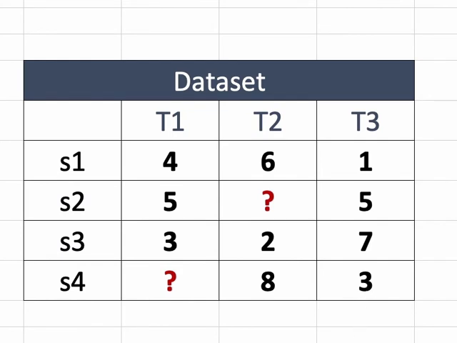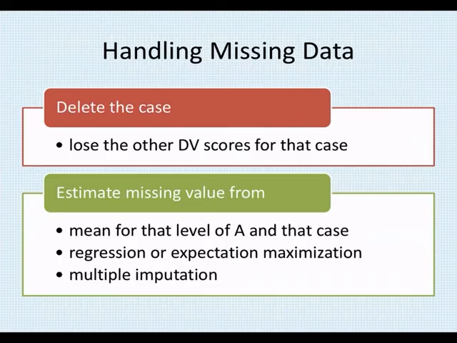Okay, so we have a few missing data here. If we delete cases with any missing data, it will leave us with only two cases, subject 1 and subject 3. But we also lose the values that they did fill out for case number 2 and number 4, and it will decrease our power. So that probably wouldn't be the way to go.